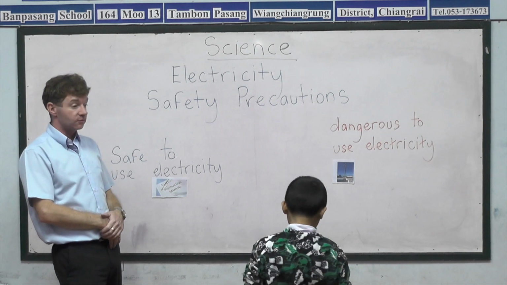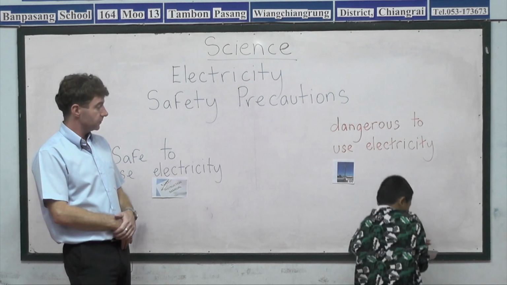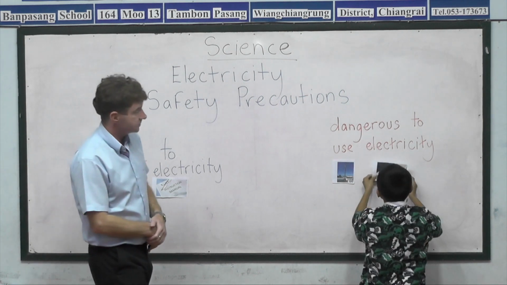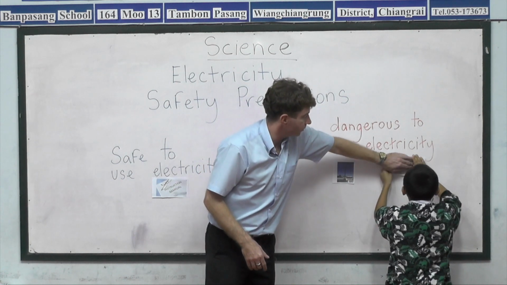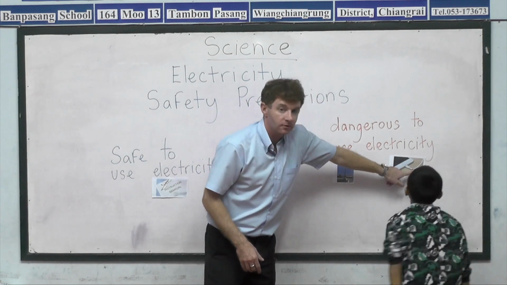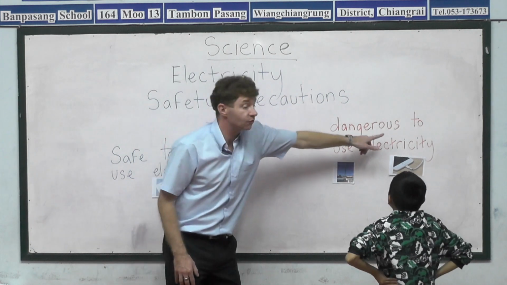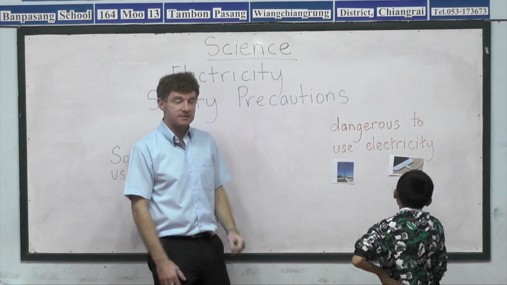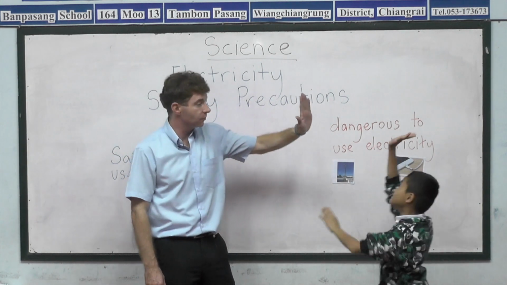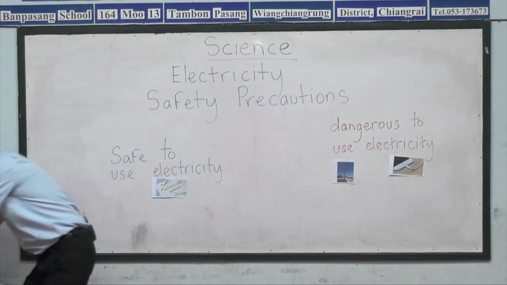Dangerous. Chew, can you put that in the correct place for me? Yes. Because you can see the cable is torn. So we will say dangerous to use electricity. Excellent, Chew. Well done. Round of applause.